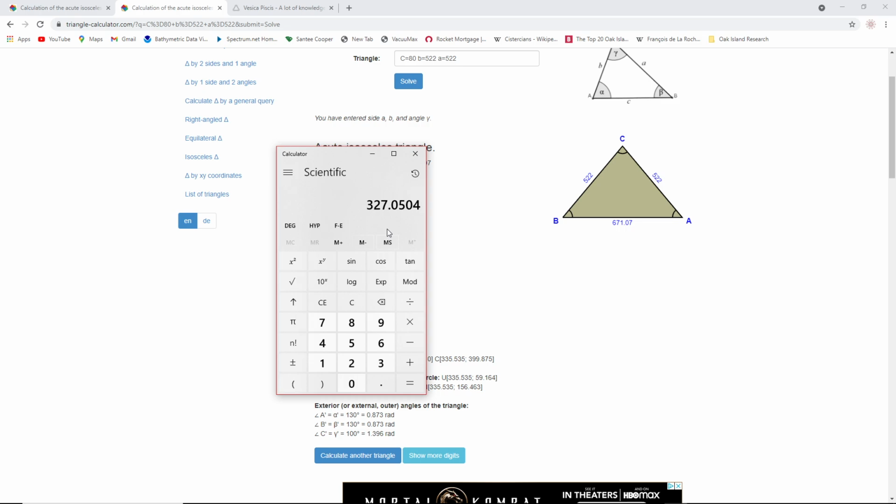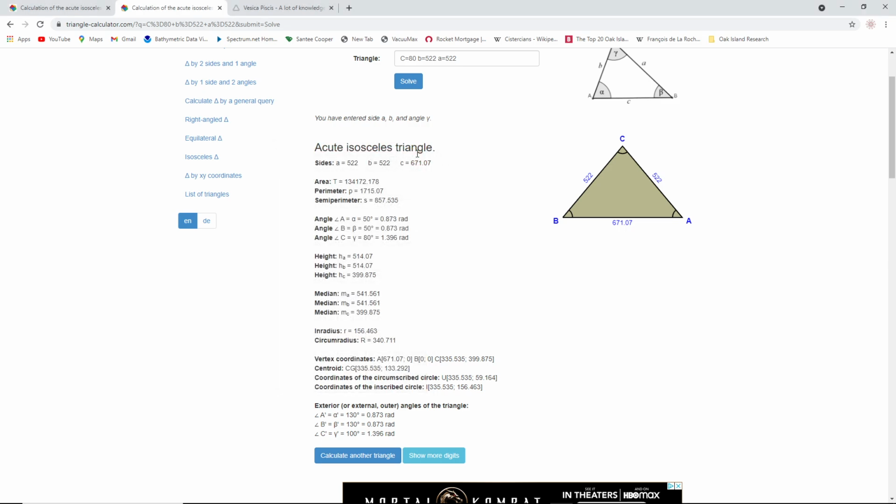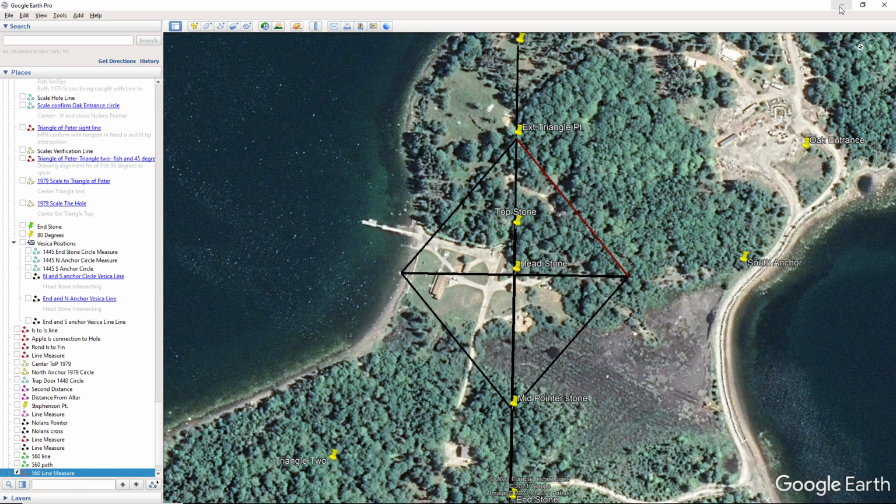Now, Wikipedia says pre-1668 measurement units for a foot are 326.569. I believe this is what they're using right here, 327 millimeters. So pre-1668 units are incorporated into Nolan's cross.